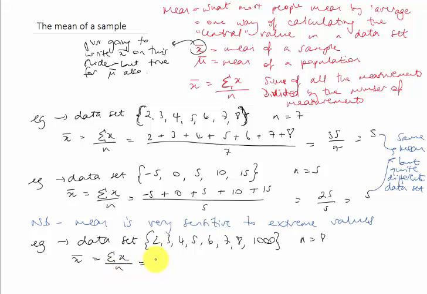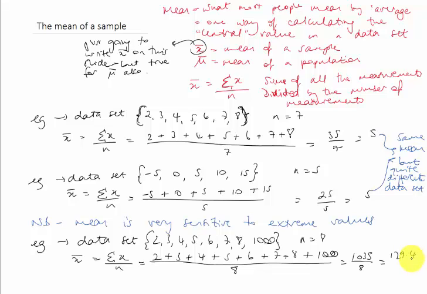So in this case, if we add 2 plus 3 and so on, all over 8, that would give us 1035 over 8, which is 129 point 4. So it is basically the same data set, just with one extreme value, but these means are so different between the first data set and the third one that I've been looking at. So that's another reason why the mean probably isn't always perfect for everything we'll want to do.